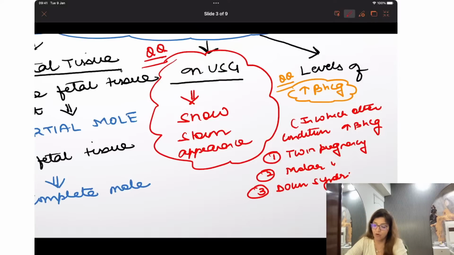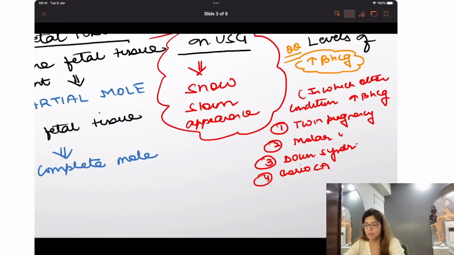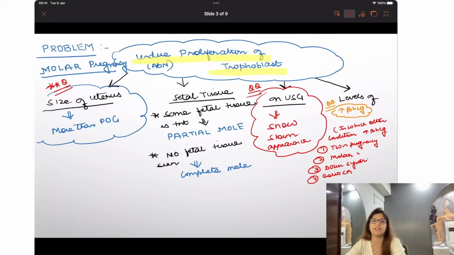Then in case of choriocarcinoma, you get increased beta-HCG, right? So these are the conditions where you get increased beta-HCG levels. This is also a very important question: where do you find increased beta-HCG? Other than molar pregnancy, you get it in choriocarcinoma, twin pregnancy, and Down syndrome.